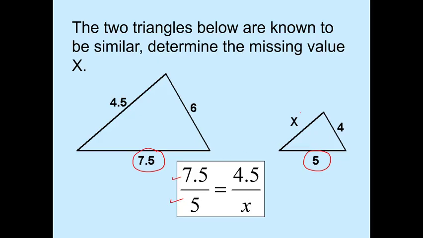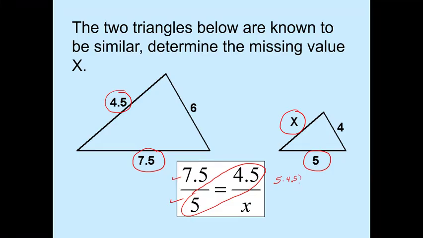Now, what side are we solving for? X. We don't really need to worry about 4 over here, but we do need X. What side is its similar side on the other triangle? 4.5. So we're going to put 4.5 over X. Okay, this is where we're going to do some cross multiplication. We're going to do 5 times 4.5.